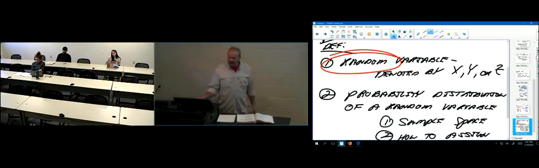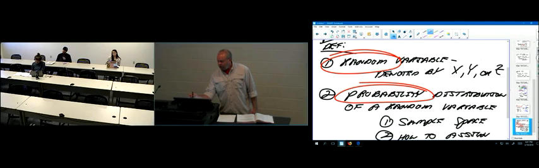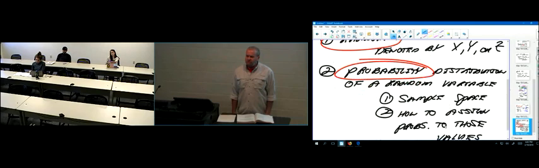And instead of just talking about the distribution of a variable, we're speaking of probability distribution. My point is it's the same idea. The distribution of a variable tells you what values it can take and how often it takes them. The probability distribution of a random variable tells you the sample space, what values it can take, and how to assign probabilities to those values.